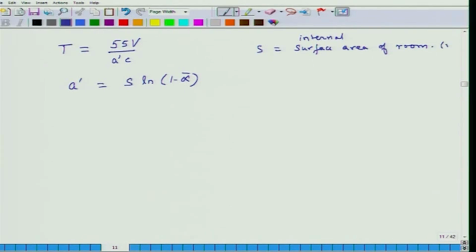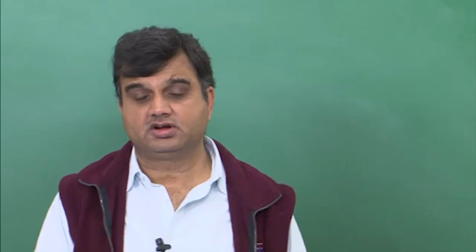So this is in meter squares, or it could be in feet square, and alpha is the absorption coefficient of room. And it is a dimensionless quantity, it has no dimensions.